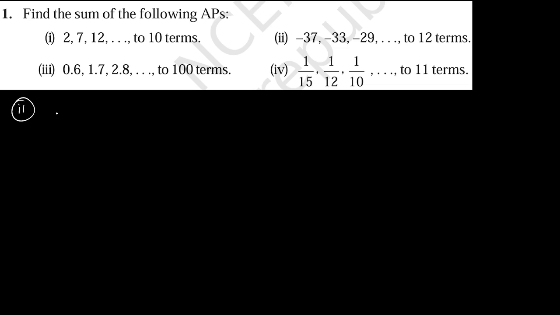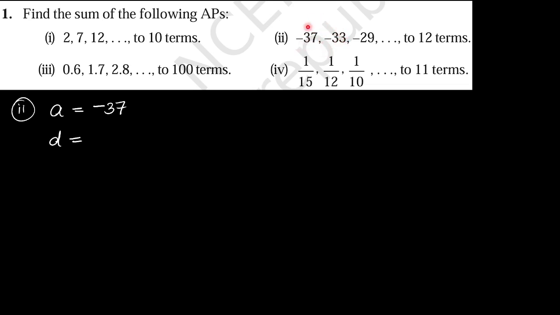The second one is, look at that term. Let me write. The first term is what? A. A is minus 37. The common difference is second term minus first term. You should be careful if there is a negative sign.